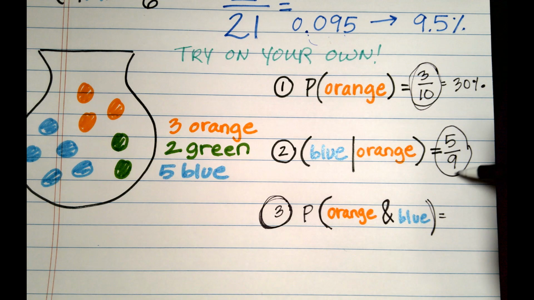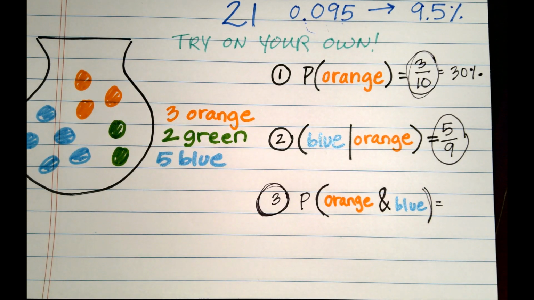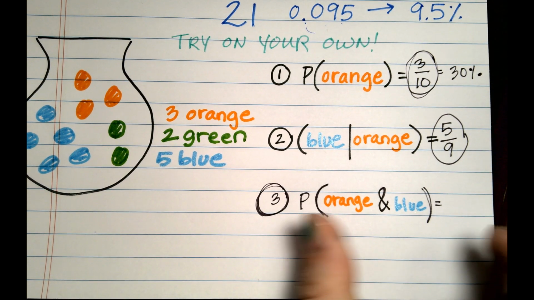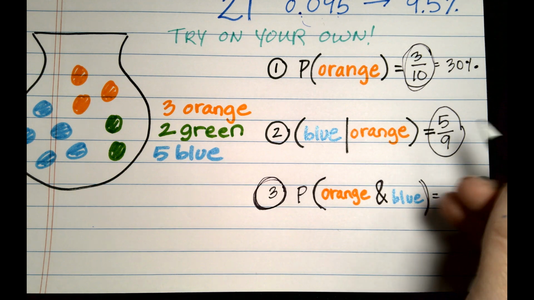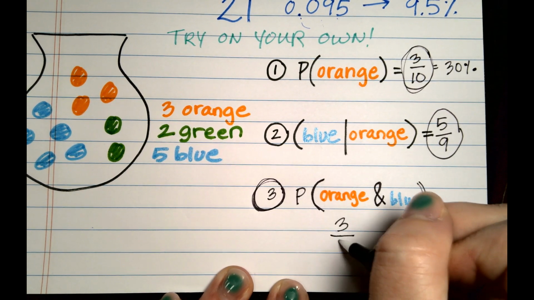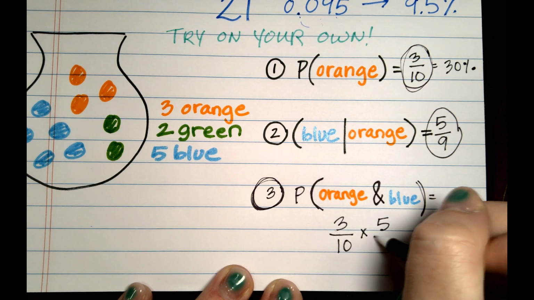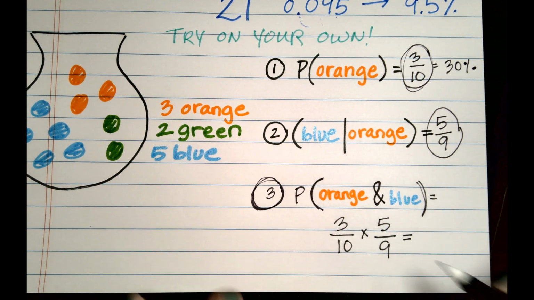There's 9 left, and there's 5 blue. So, how would we find the probability of both of these happening? What would I do? Multiply them. Just multiply them. 3 out of 10 times 5 out of 9.